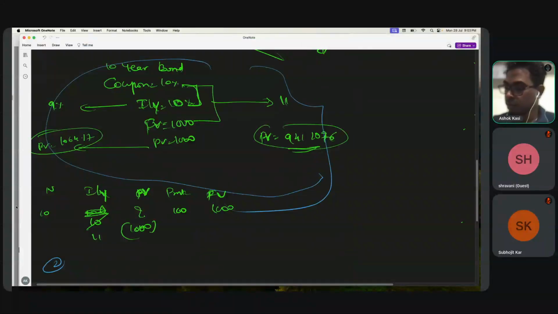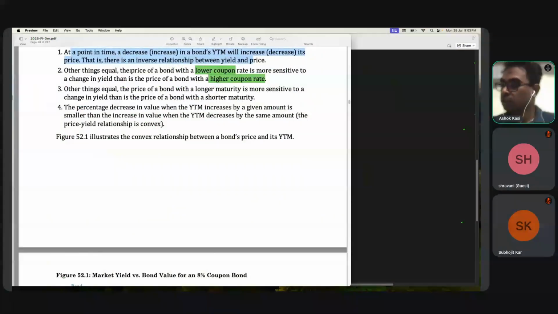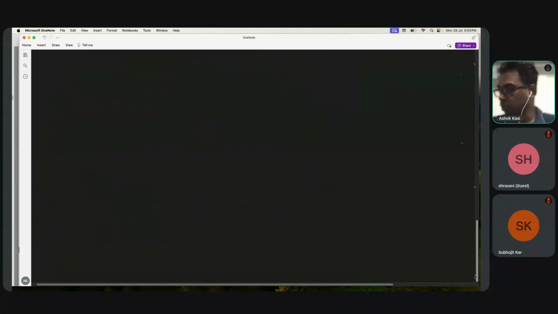Okay. Now second one: other things equal, the price of a bond with lower coupon rate is more sensitive. So that means one is lower coupon, one is higher coupon. Let's create two examples now. So there is a 10-year bond. Coupon is equal to 10 percentage.